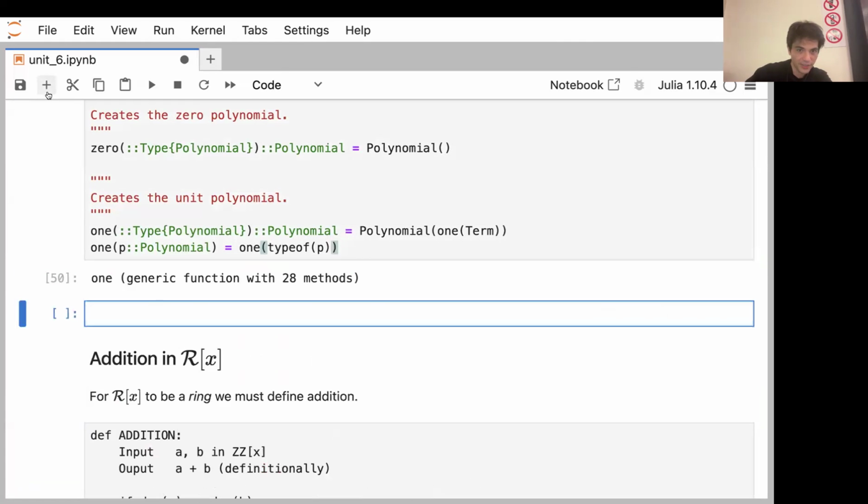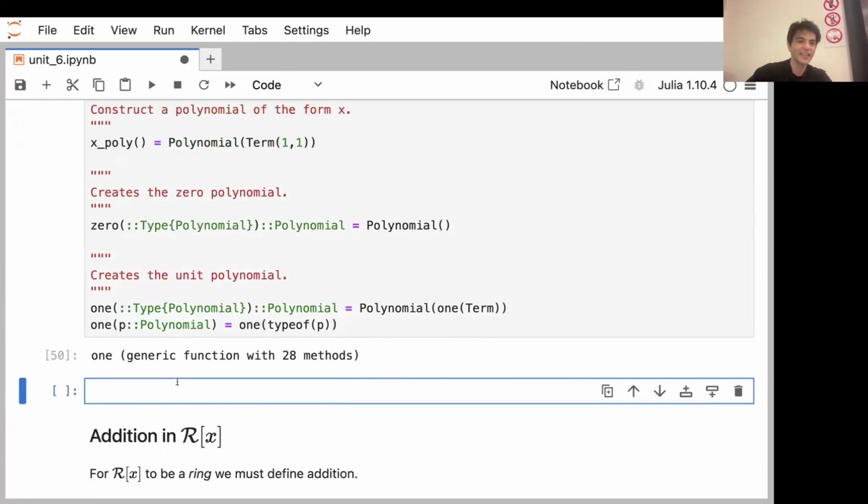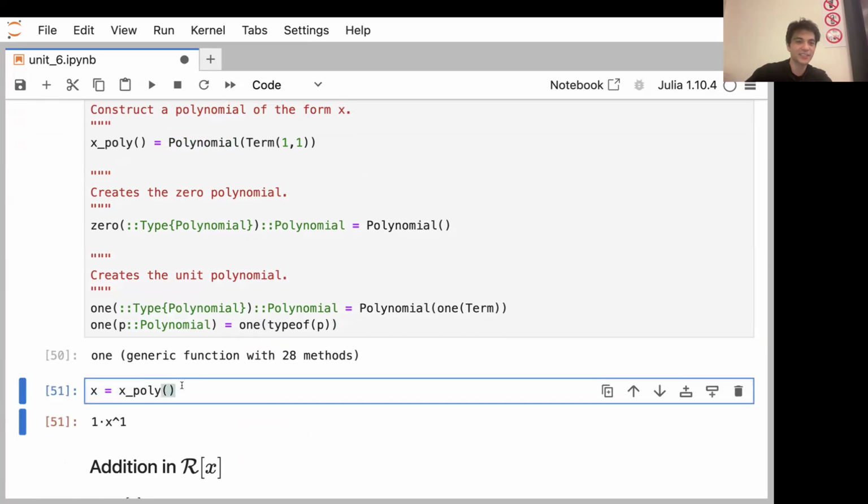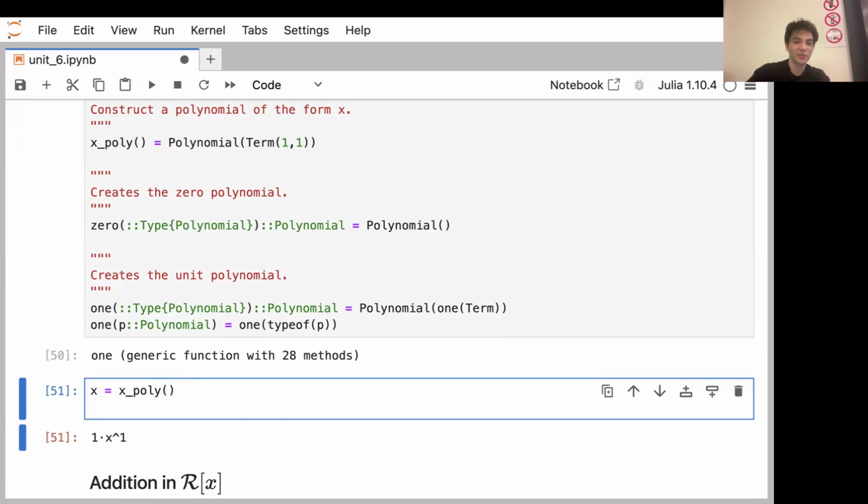And what's this going to allow us to do? How do I get a new cell here? So if I say something here like x is equal to x poly, okay, I get that. I'm eventually going to define addition and multiplication and other things. So if addition and all these other things are defined, I should be able to do something like this if I eventually want to.